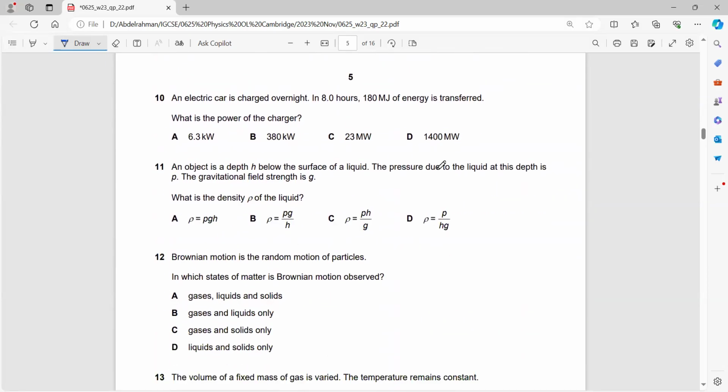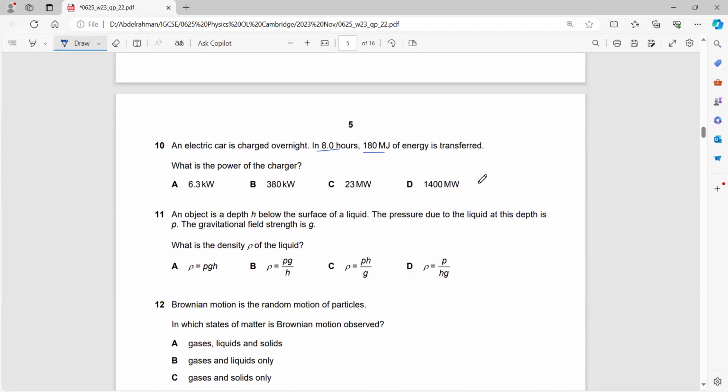Question 10. A car is charged overnight in 8 hours, and 180 megajoules of energy is transferred. What's the power of the charger? It's quite easy. How can I calculate the power? Power equals energy over time.